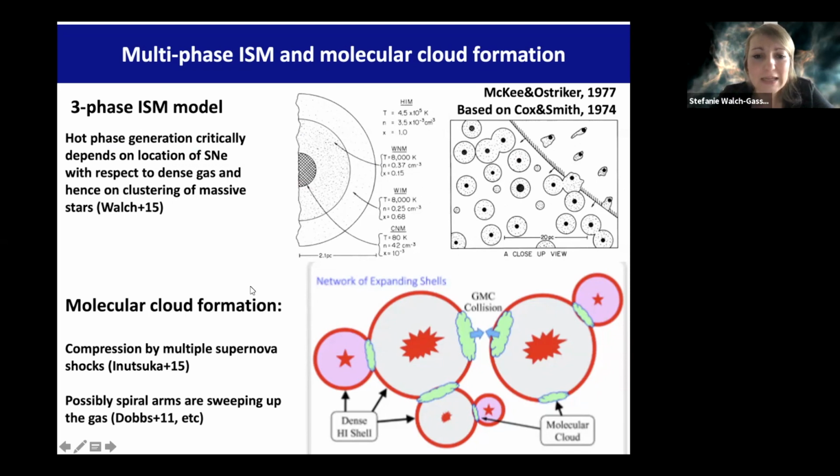And then I also wanted to point out the later models by Inutsuka et al., who say that maybe molecular cloud formation is dominated by multiple compressions, for example in supernova shocks, so basically sweeping up the more diffuse atomic medium and then compressing it to form molecular clouds. And this is actually what we see happening in our simulations.